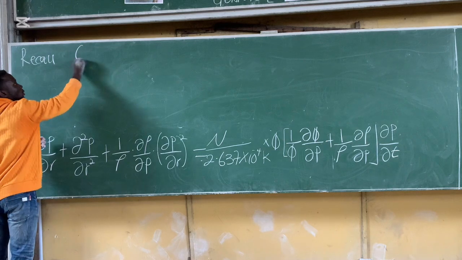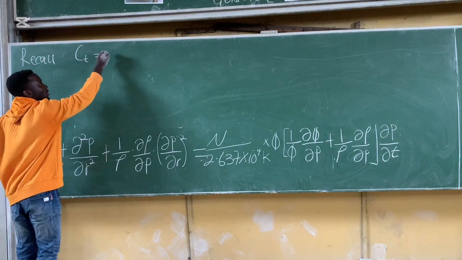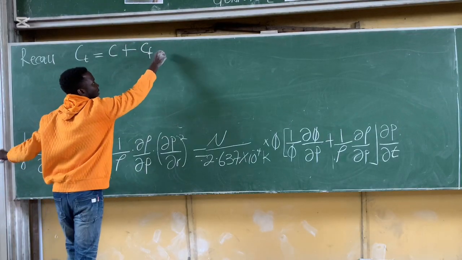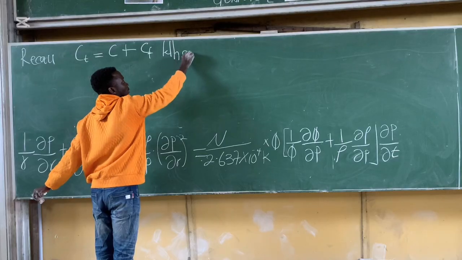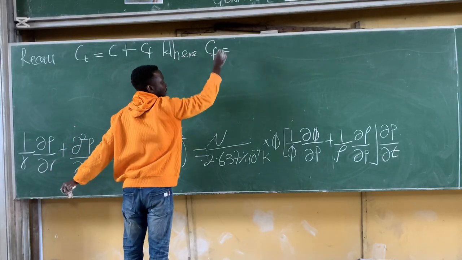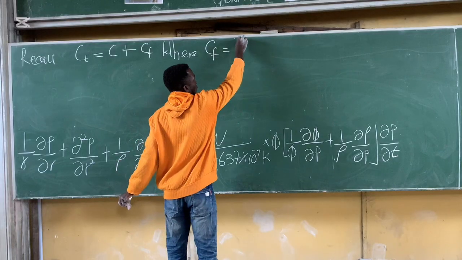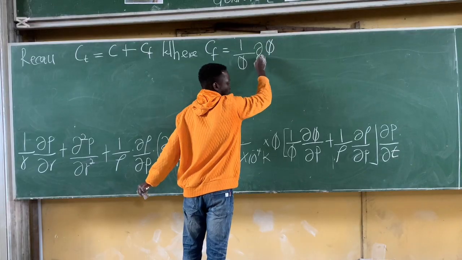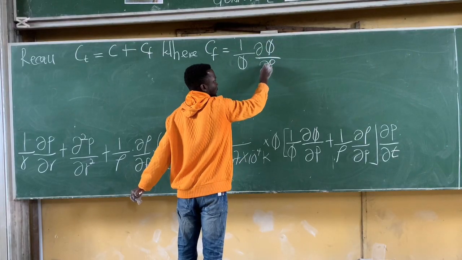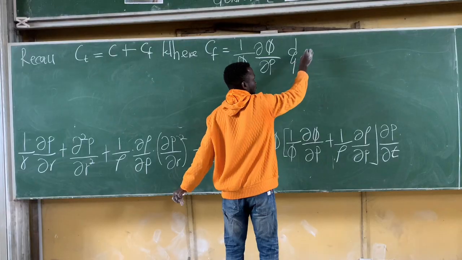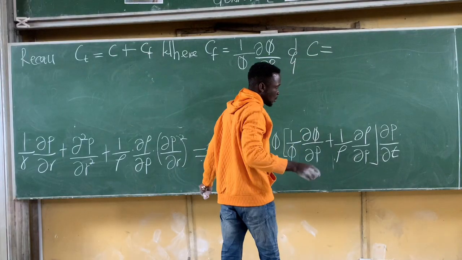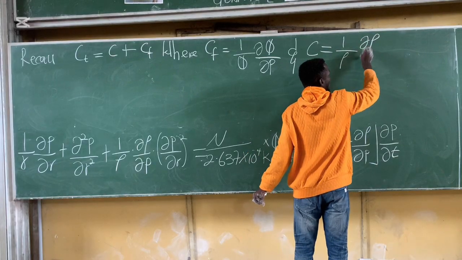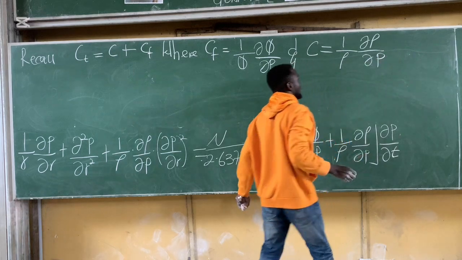Recall that total compressibility equation: ct is equal to c plus cf, where cf is equal to 1 all over phi ∂φ divided all over ∂p, and c is equal to 1 over rho ∂ρ divided by ∂p.